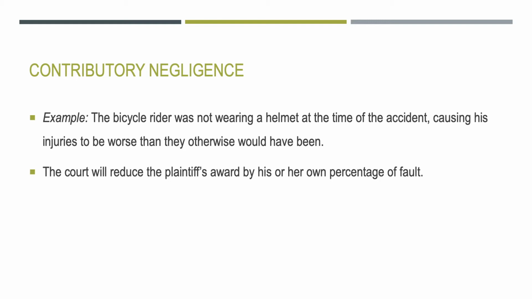And the court would reduce the plaintiff's award by his or her percentage of the fault. So let's say they had been awarded $100,000. It was argued that they were contributory negligent, and the court says, yes, 40% was due to the fact that you weren't wearing a helmet, then the damages would be reduced to $60,000.